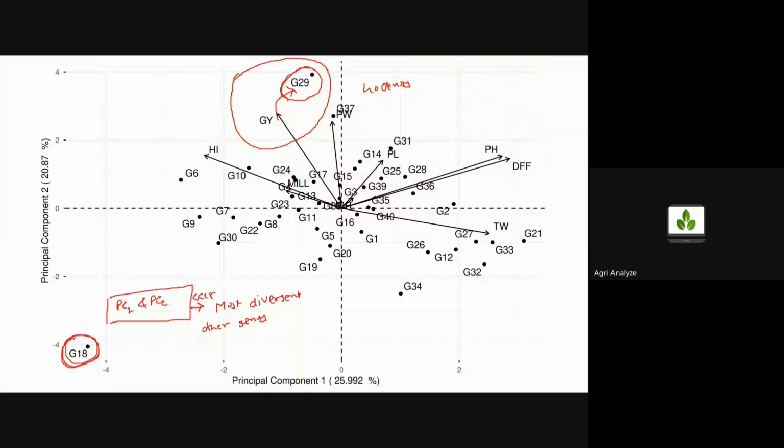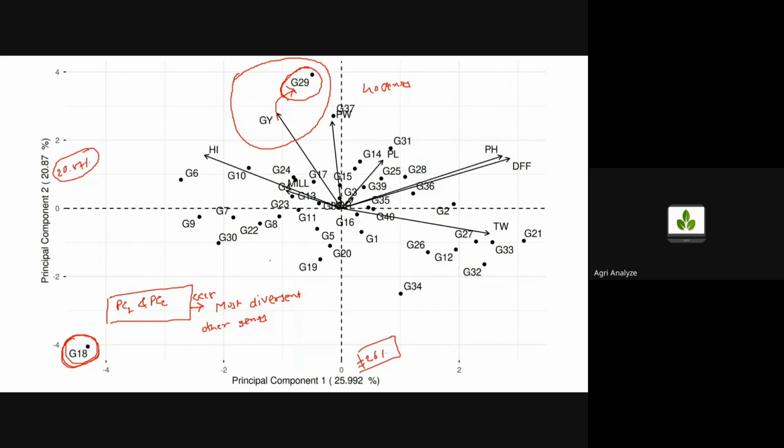Here we can also see that principal component 1 explains 25.99%, nearly 26% of variation. Then PC2 explains 22.87% of variation.